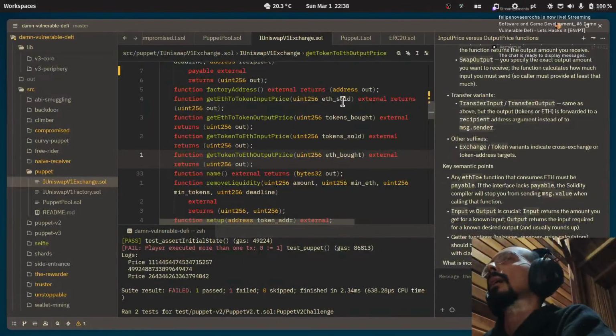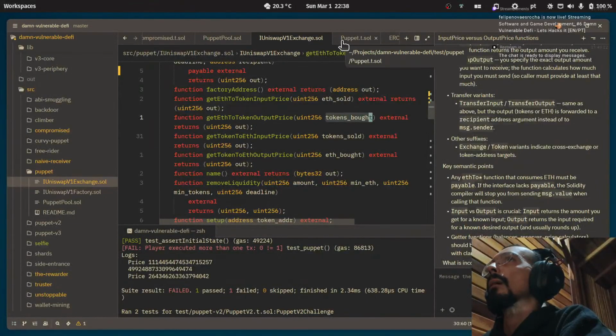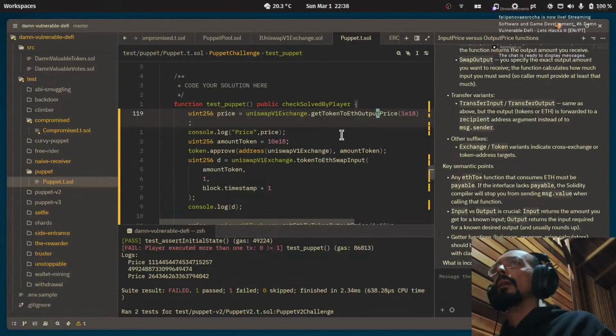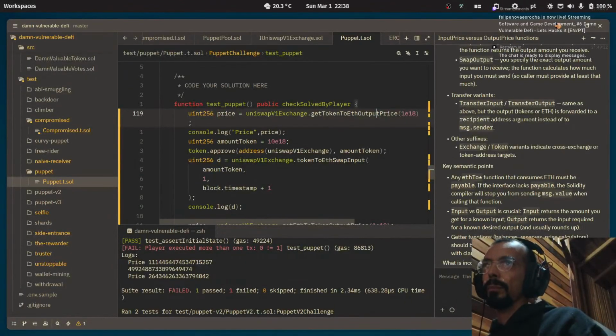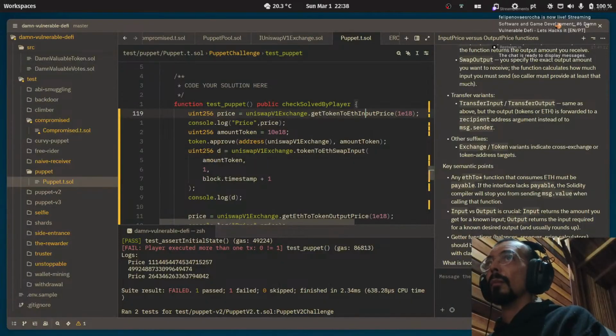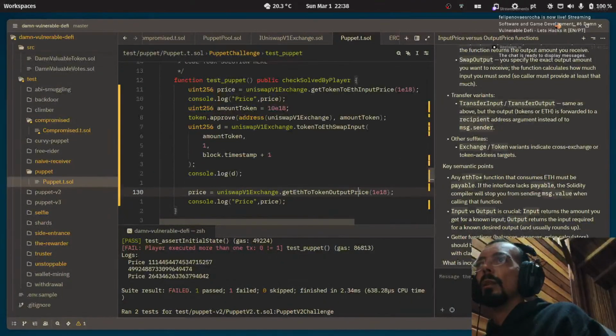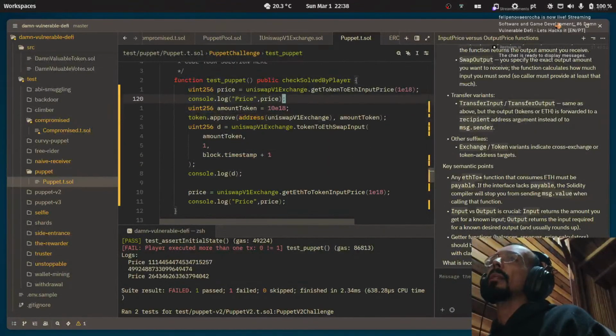So that's why it's rounded up. Okay, so I think we don't want that. We want inputs. Input is going to be more precise.